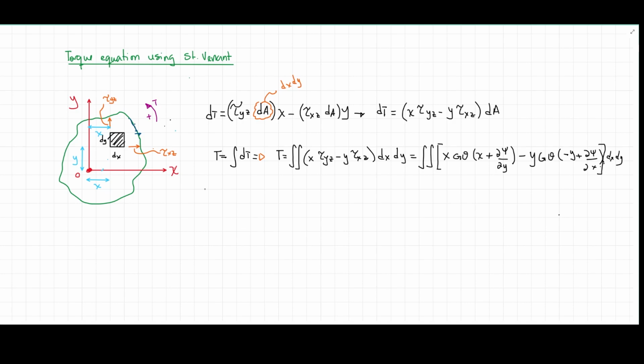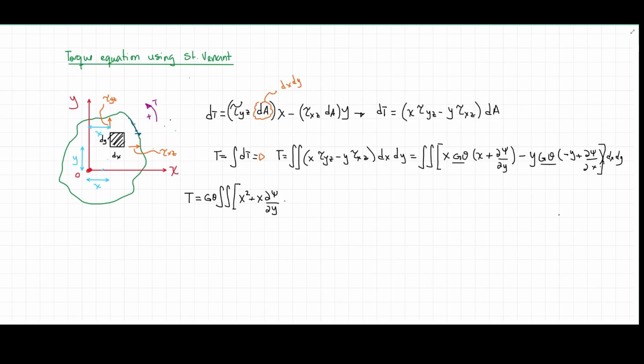If I continue with this line, I can take out those constant terms, G theta, and then the double integral of what's happening here. I could just take everything out of the parentheses. So the first part would be x squared plus x that multiplies the partial derivative of psi with respect to y.